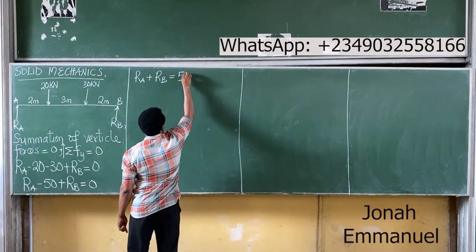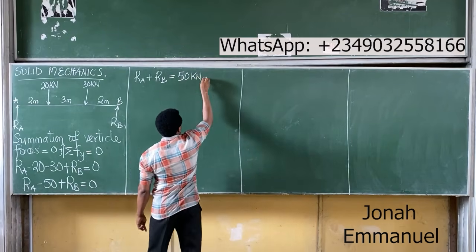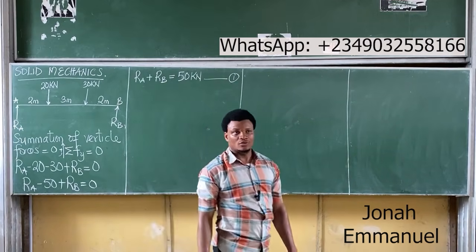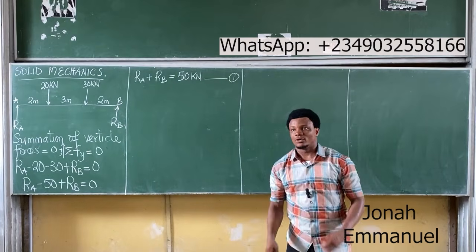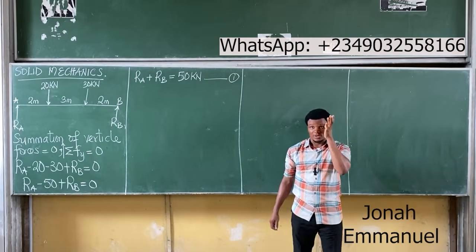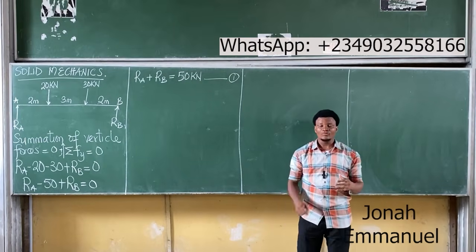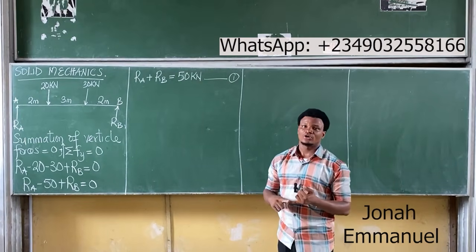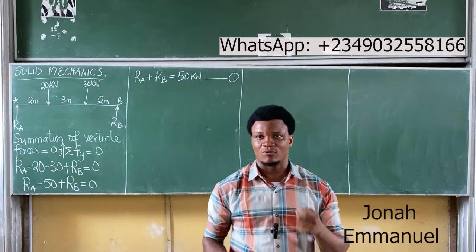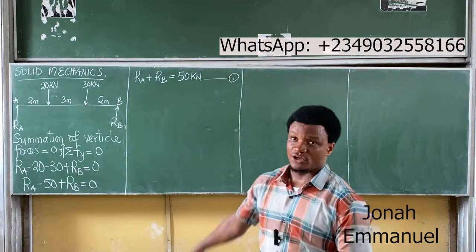What's your unit? Kilonewton. Call this equation 1. Please follow me. So that's how you get equation 1: RA plus RB equal to 50 kilonewton. We've taken the first condition of static equilibrium, summation of vertical forces equal to 0. It has given us an equation.